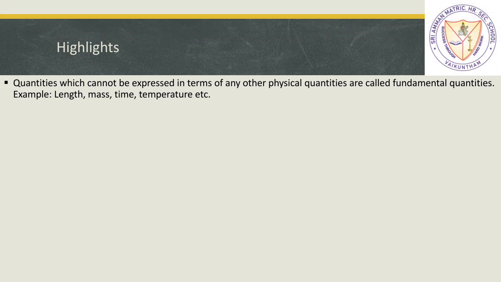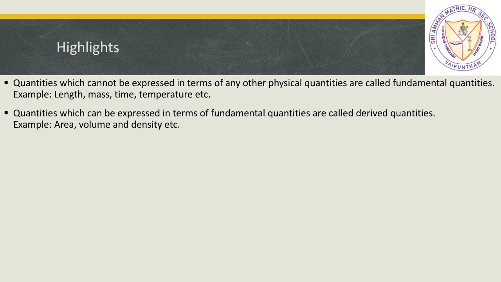Another type of physical quantity is the derived quantities, which are defined as quantities which can be expressed in terms of other physical quantities, or the fundamental quantities. For example, area, volume, and density, etc.